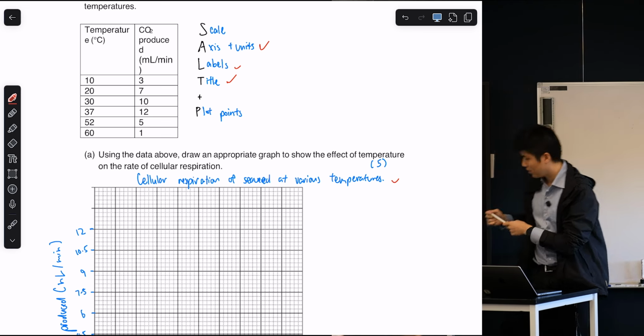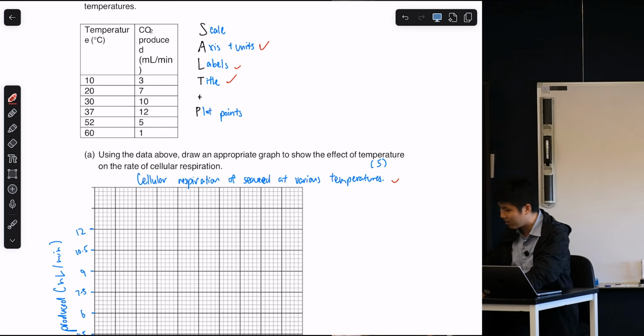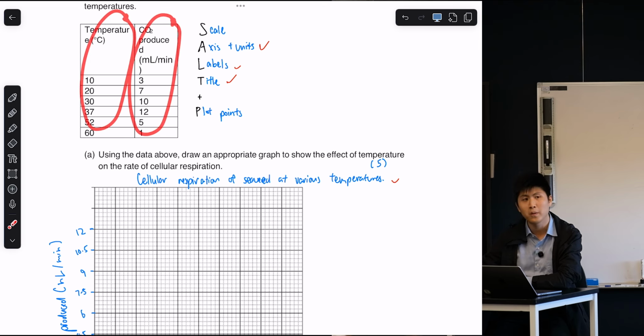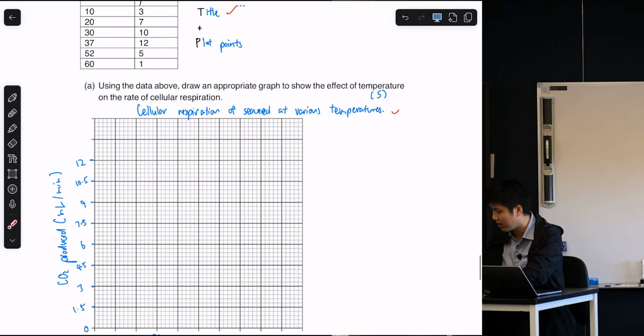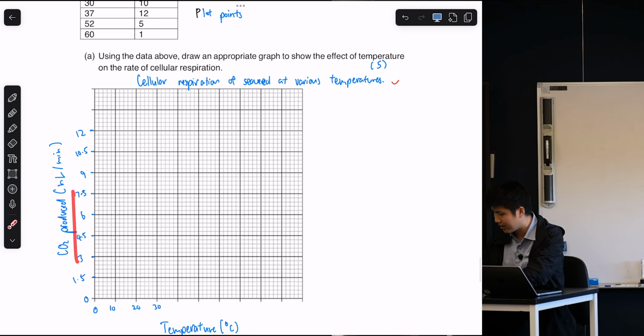The easier way to remember it is the stuff on the left side of the table, so the left column, should generally always be the independent variable, right? And the stuff on the right is always the dependent, right? So that's why I put temperature on the x and CO2 produced on the y, and that ticks me off for axes.